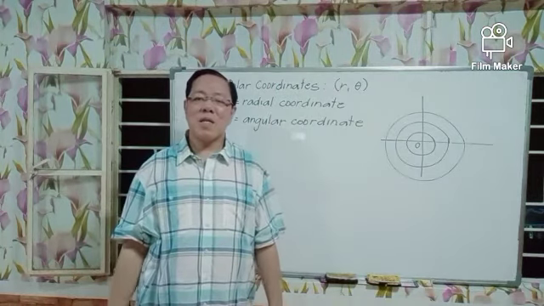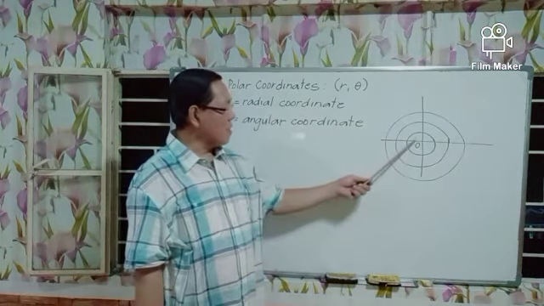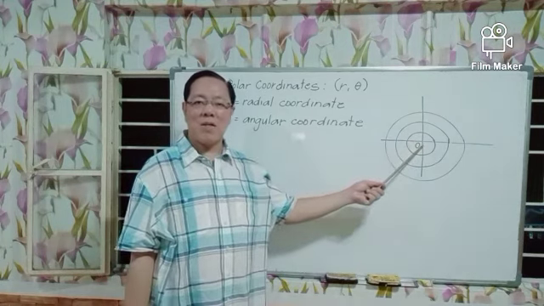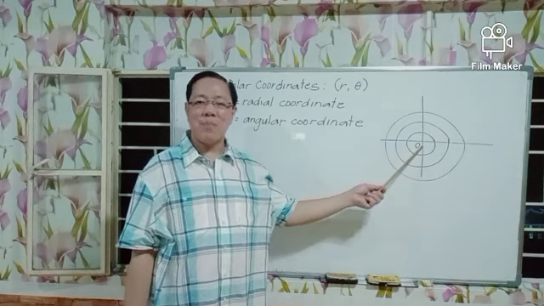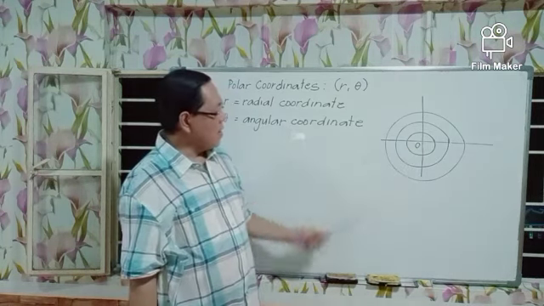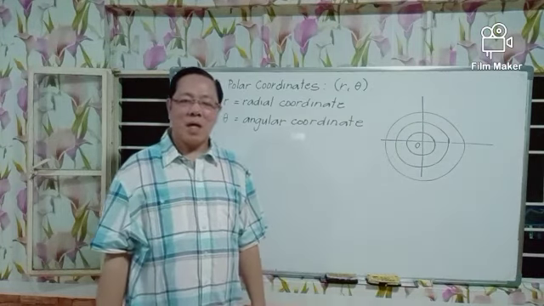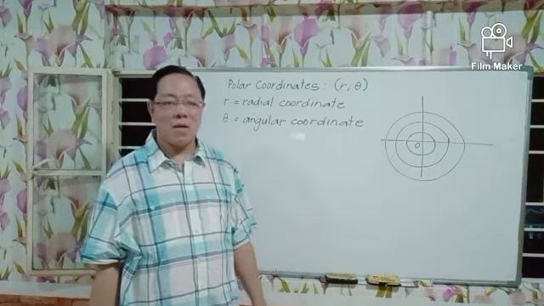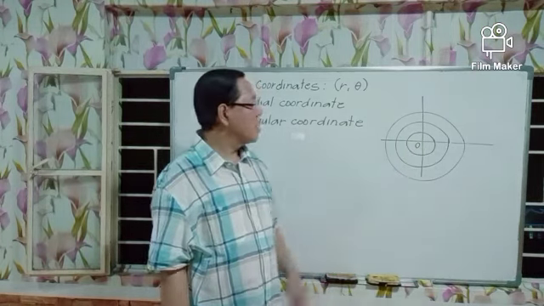The polar coordinates consist of concentric circles. All these circles have the same center at the origin. And the origin is now known as the pole. And the horizontal axis is the polar axis. A polar axis is a ray that originates from the pole, which is the origin.